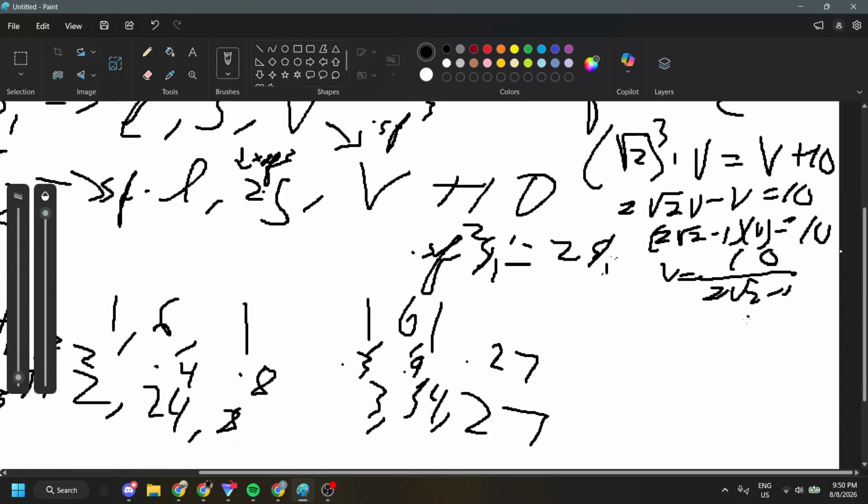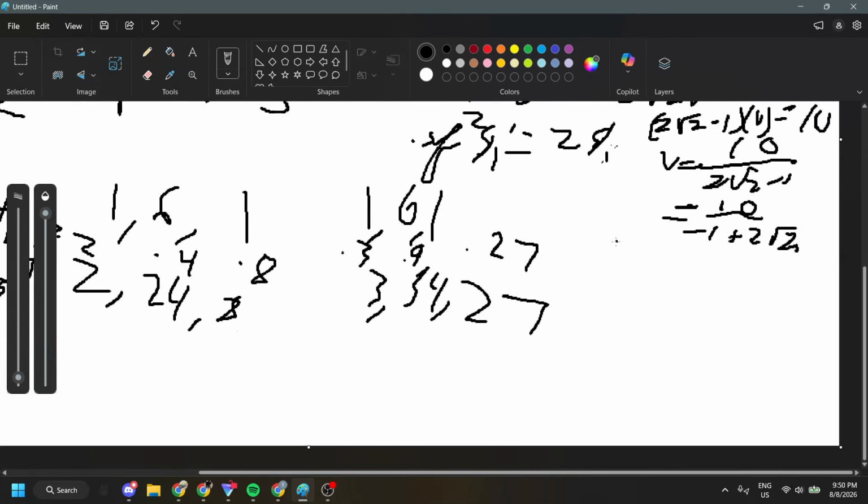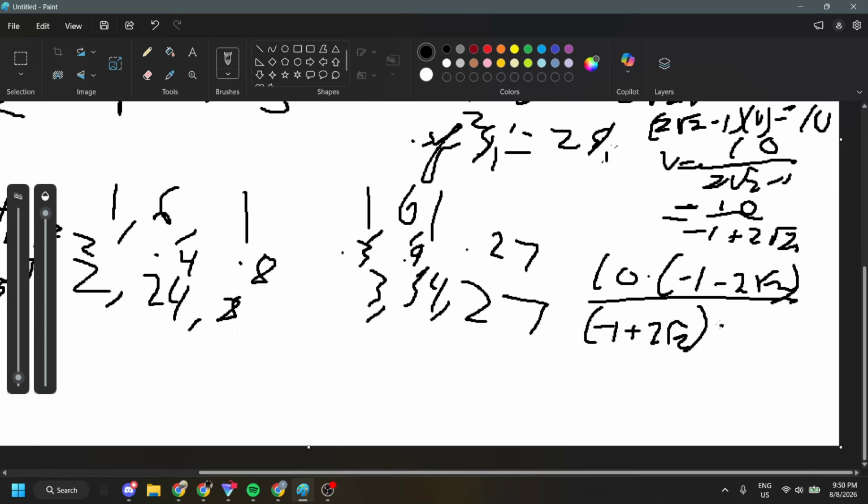What do I need to do? V is equal to 10 over negative 1 plus 2 root 2, then we get the conjugate. So 10 times negative 1 minus 2 root 2 over negative 1 plus 2 root 2 times negative 1 minus 2 root 2.